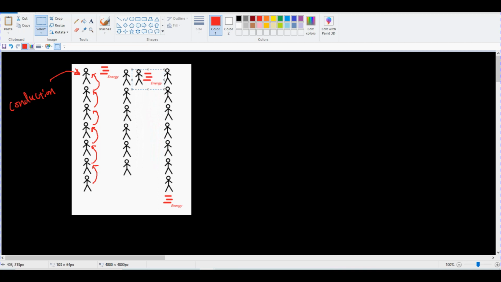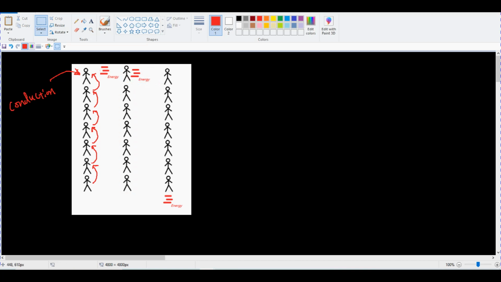But there's a problem, because then there's a void left in the place by the first student. So the queue must move to create the space. The whole queue needs to move accordingly so that there's enough space to fill the void and let the first student go to the last.